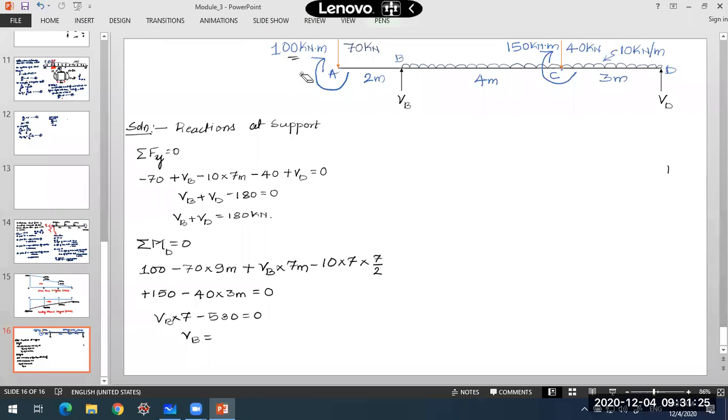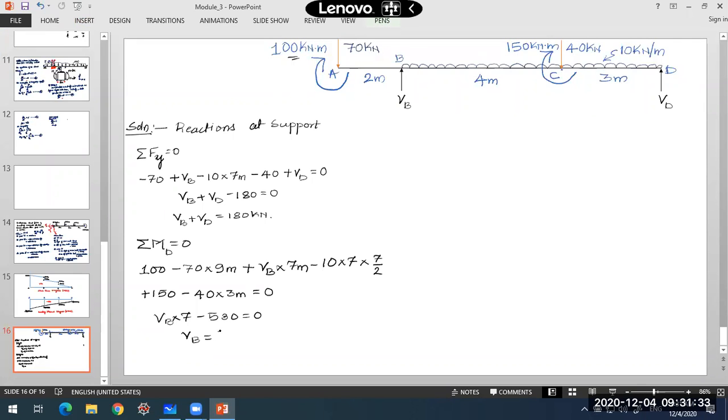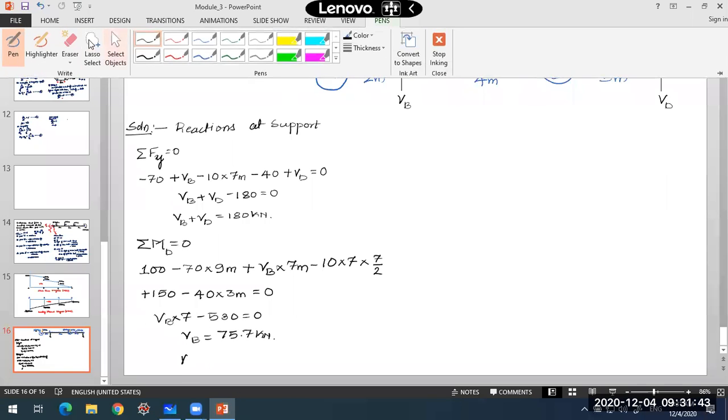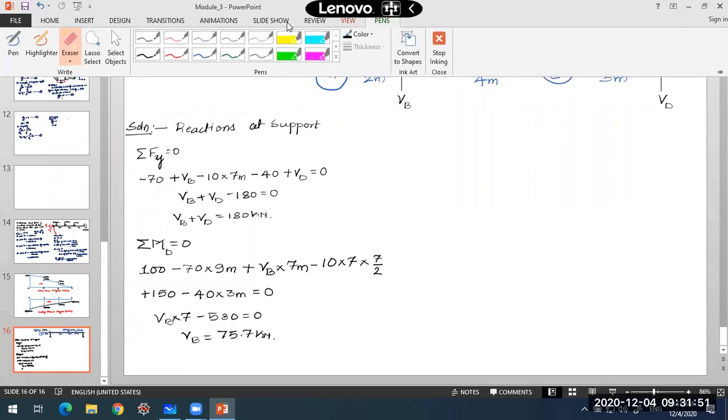What does VB come out to be? 75.7. So this is 75.7 kilonewtons. Okay, and if I substitute this value in that earlier equation, I'll come to know what VD is. So how much will that VD be? Then it will be 180 minus 75.7.